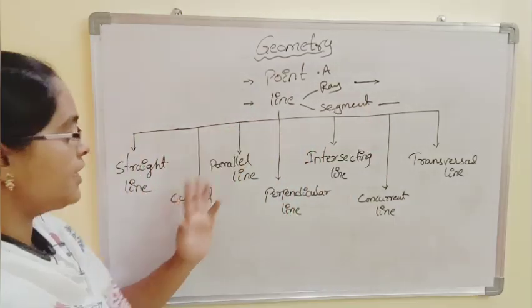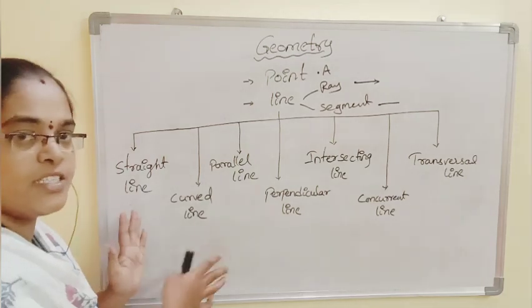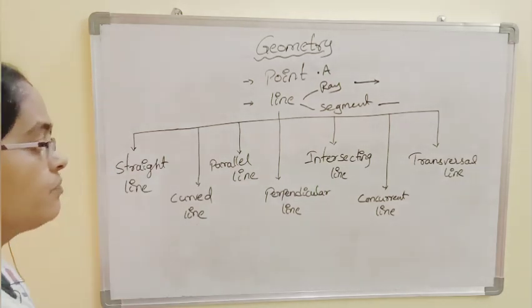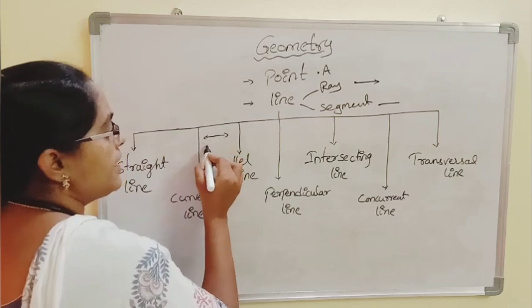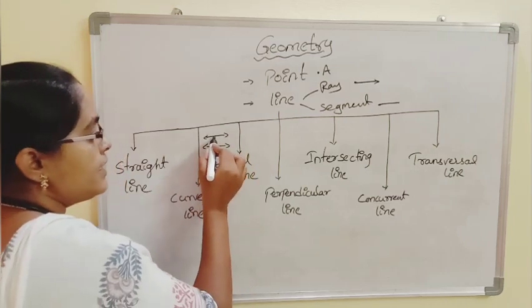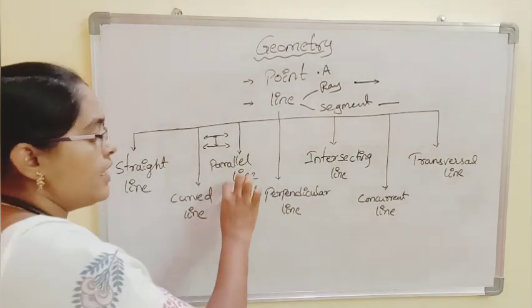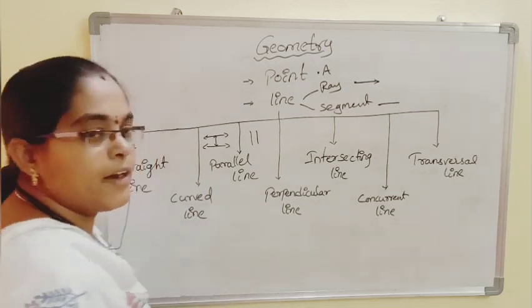Now coming to different types of lines. A straight line means a line which does not change its direction. A curved line is a line which changes its direction. Coming to parallel lines: if two lines do not meet at any point in the plane and the distance between these two lines remains constant, then those lines we are calling parallel lines, and we use this symbol to represent parallel lines.